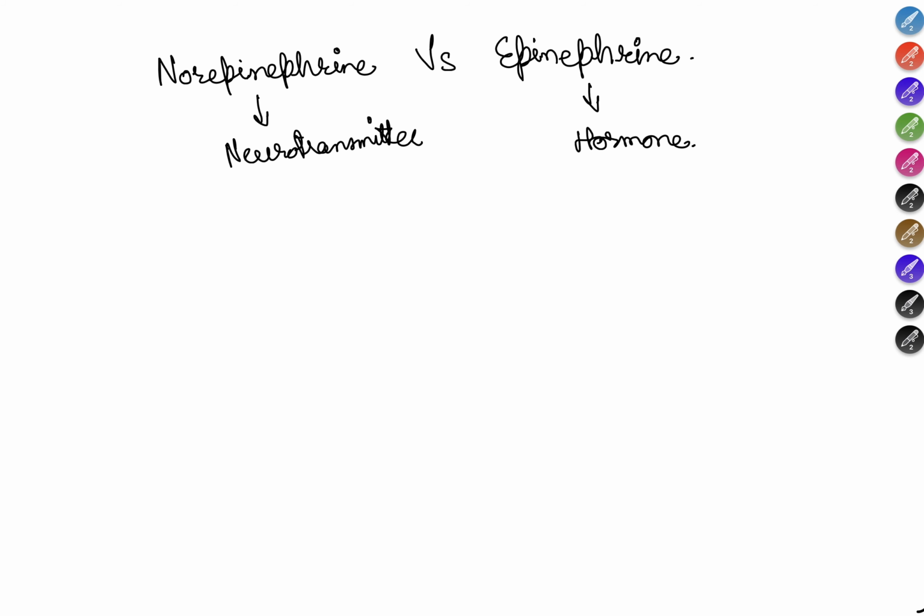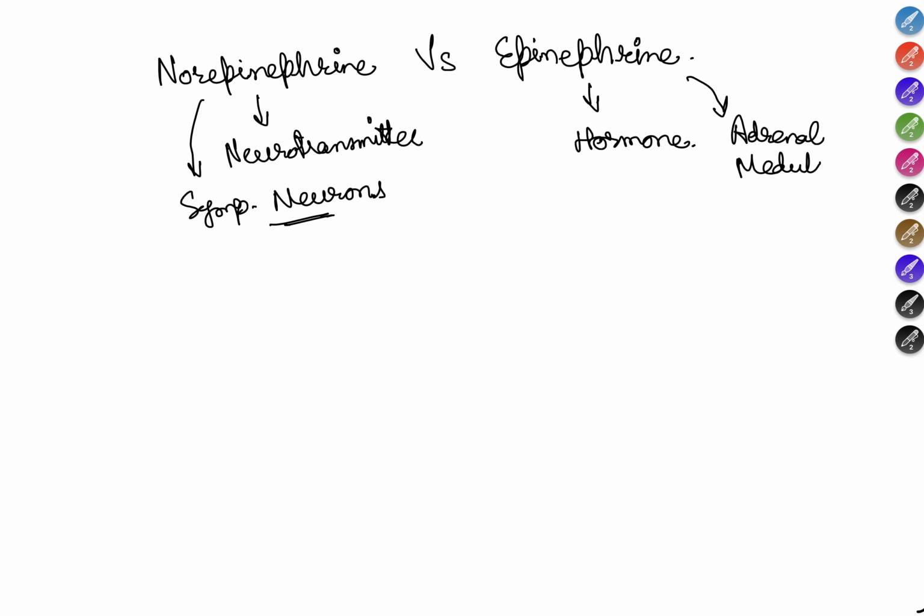The reason for considering them like that is because norepinephrine is released from the sympathetic neurons, the post ganglionic sympathetic neurons. They release norepinephrine. While in case of epinephrine, the source is adrenal medulla and it is released directly into the bloodstream.